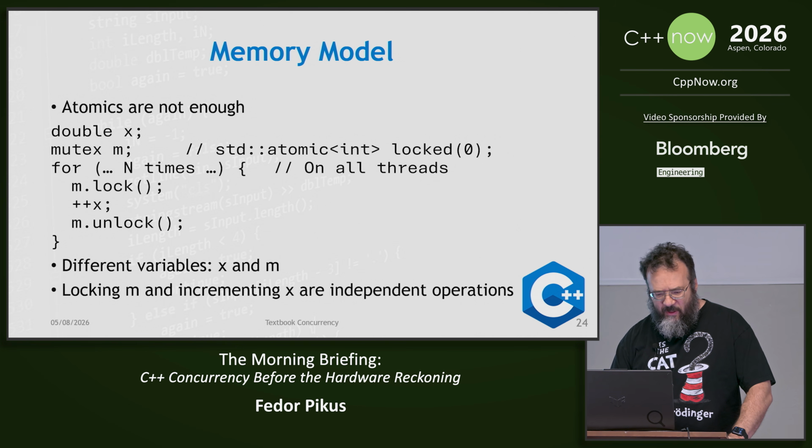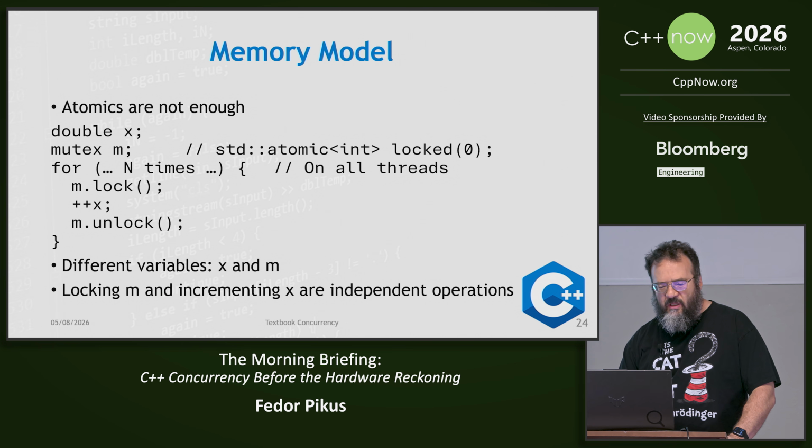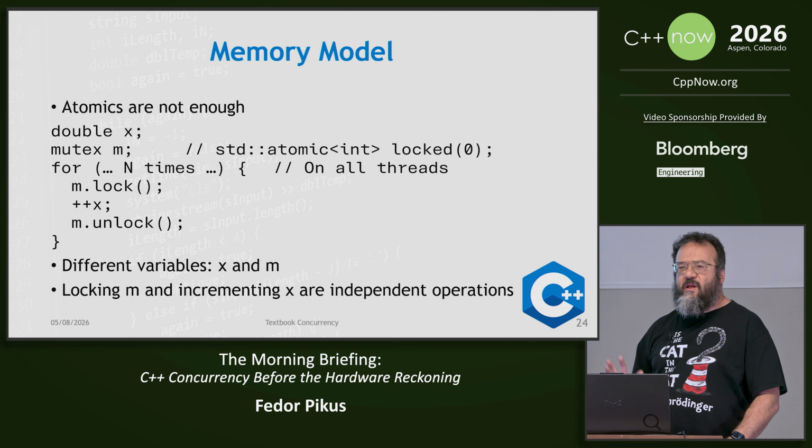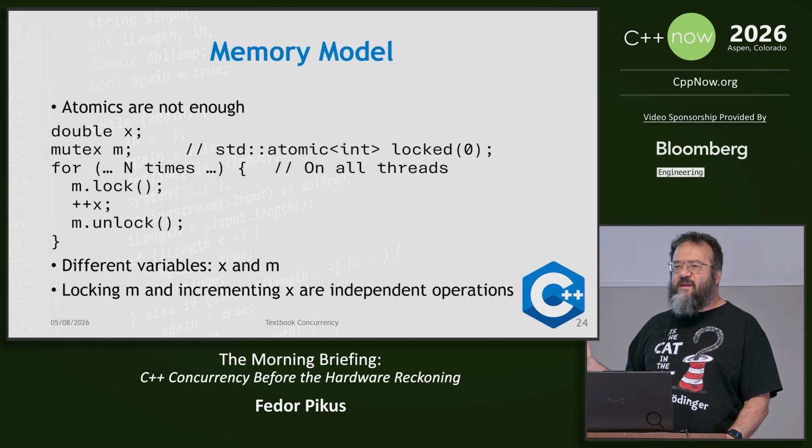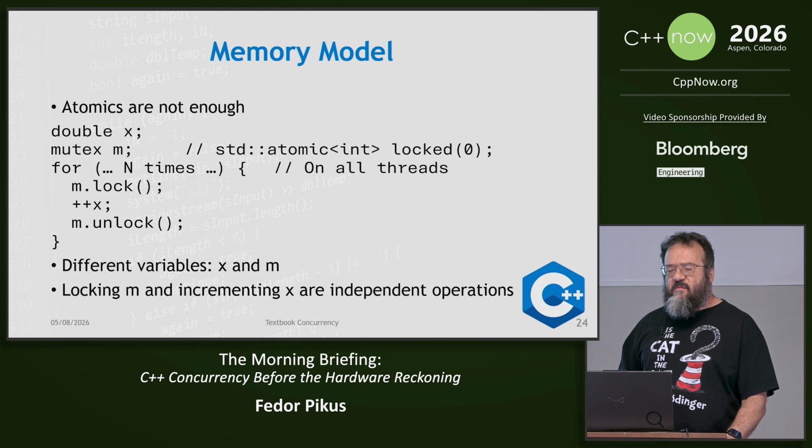Let's look at this code. Here is a mutex, and it guards this variable. Now, what's inside the mutex? Well, anything. There are multiple ways to do this, but in general, inside this mutex, there will be an atomic flag, and let's say it's an int, and let's say we'll call it locked, and 0 means it's not locked, 1 means it's locked.